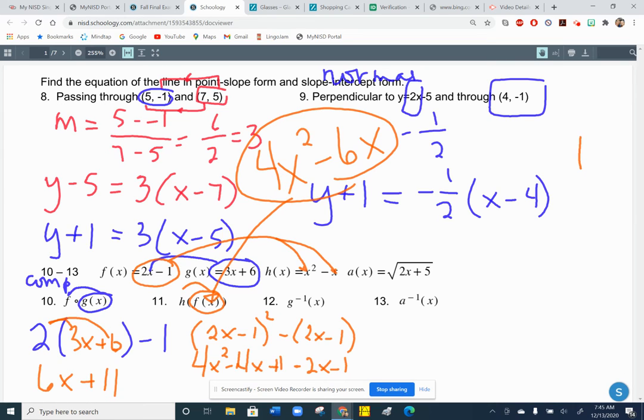Wow, there's a lot of lines. Okay, g inverse. If you're going to do g inverse, that means you switch the x's and the y's. So x equals 3y plus 6. And then you solve this equation for y again. Remember, finding an inverse, we switch them around. So we'll subtract the 6, x minus 6 equals 3y, and then we'll divide everything by 3.